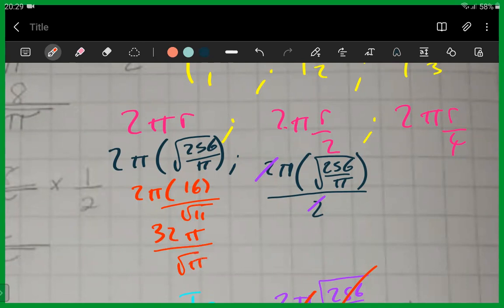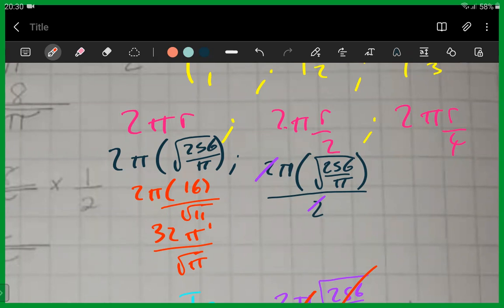If you want to take it further, remember, this is pi to the power of 1. Remember, anything under a square root, if you want to write it with an exponent, what do you write it as? Negative a half? No, to the power of a half. Yes.